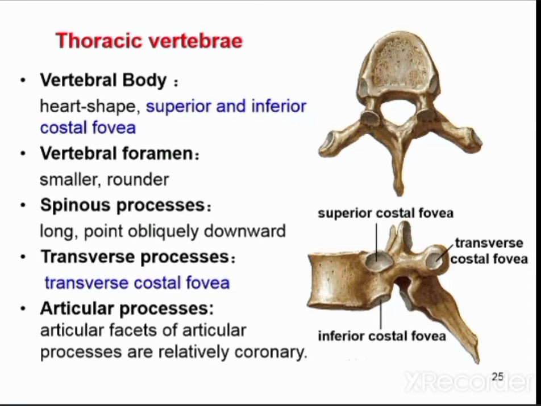The vertebral foramen is smaller and rounder. It has 3 processes we can see. This is the spinous process, the transverse process, and the superior and inferior articular processes.